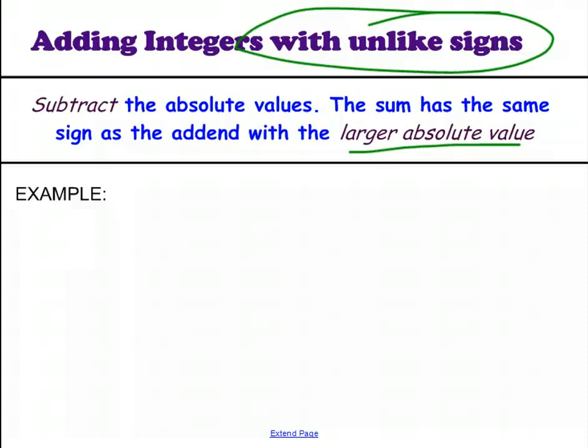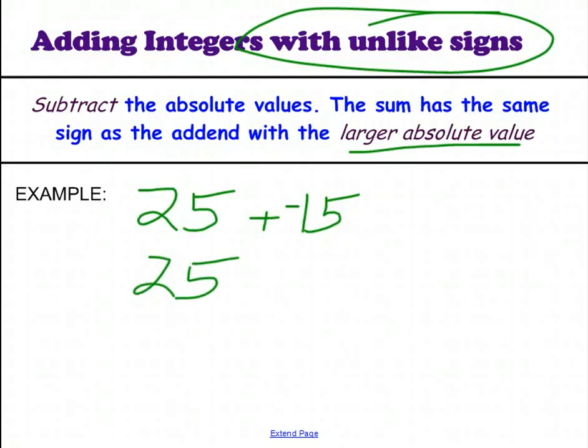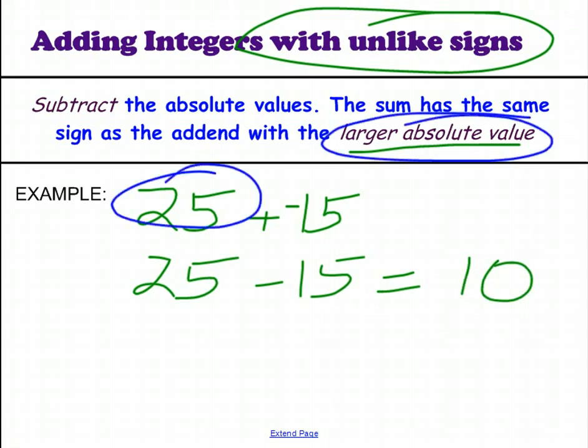Whichever one has the larger absolute value, we will keep that sign, because if we jump, for example, 25 units to the right, and then retreat by 15, then we're still going to have 10 units left, because we're going to take 25 minus 15 is 10. And then the larger absolute value is 25. So our sign is positive.